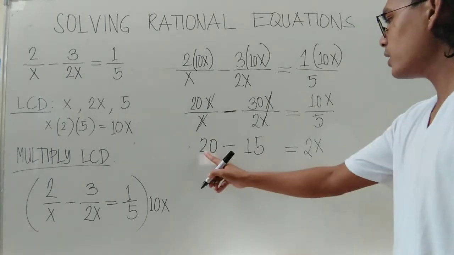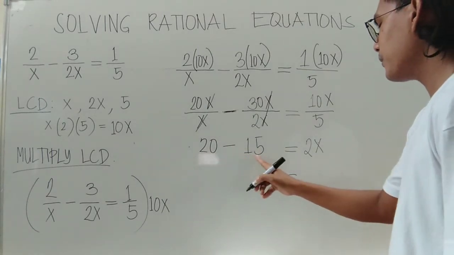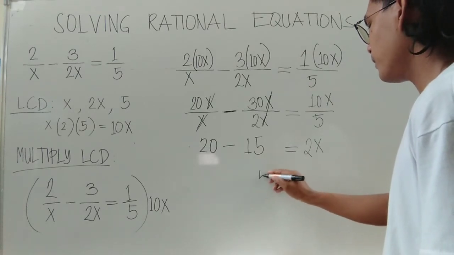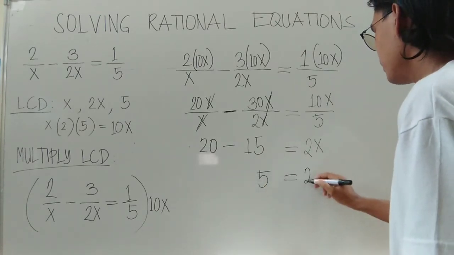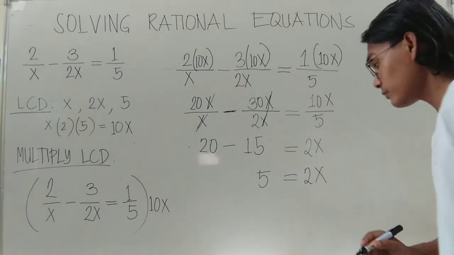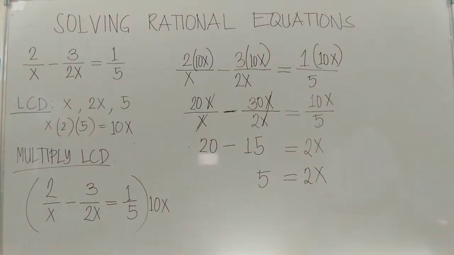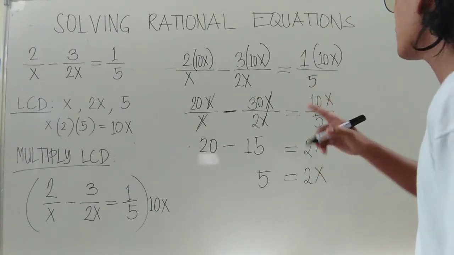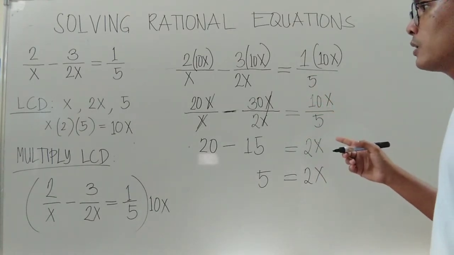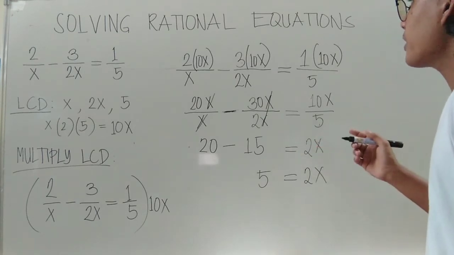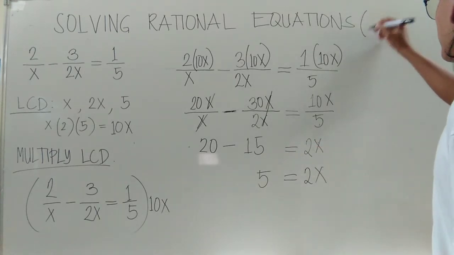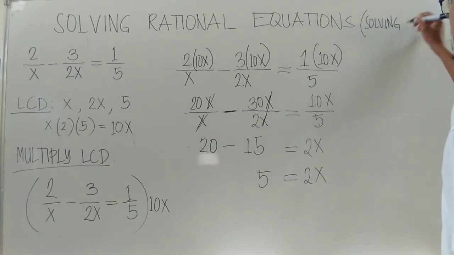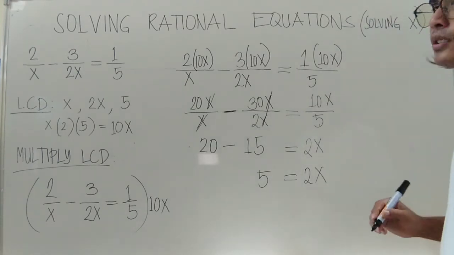Simplify. 20 minus 15 is how much? So we have 5. Then we have 5 equals 2x. Then, solving your rational equation, the basic concept of it is we are solving for x.